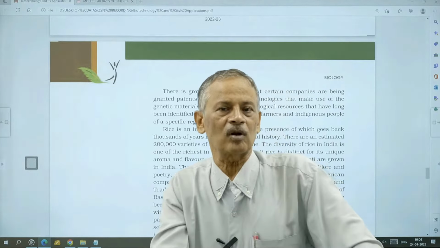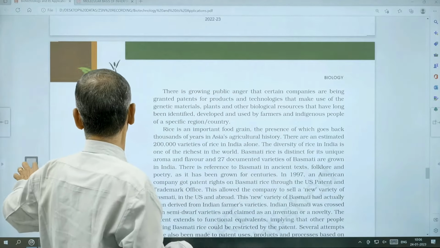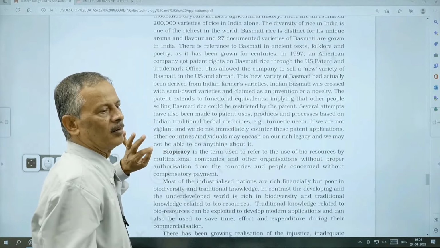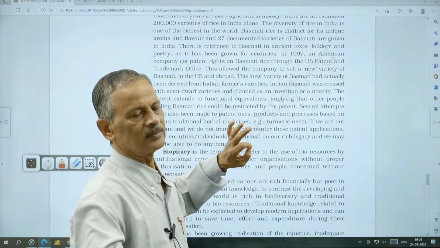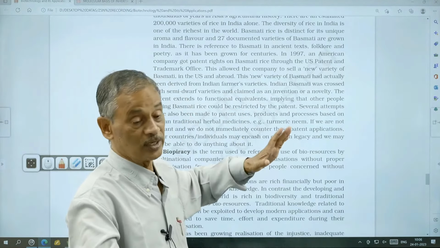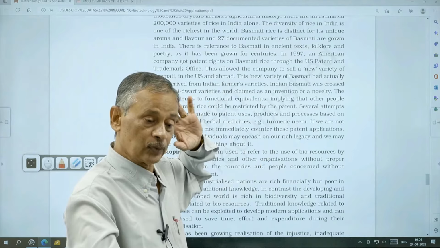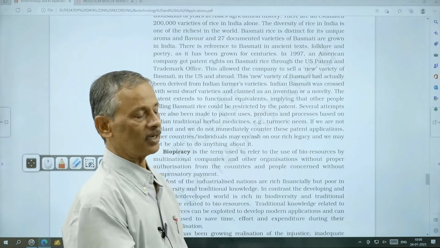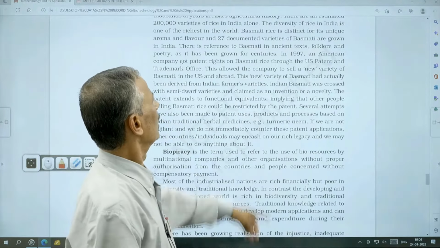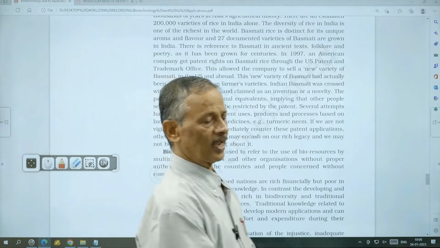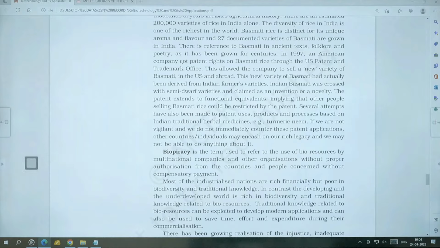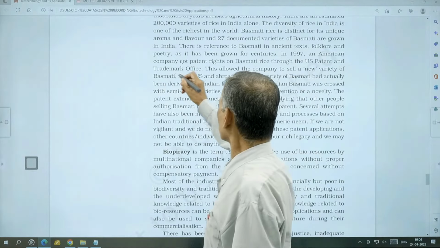A classical example of biopiracy is basmati rice. Basmati rice has been grown in India and neighboring countries for centuries, and we have a lot of old documents related to it. But a company in Texas in 1997 claimed that they had invented a new variety of basmati rice and got a patent from the US Patent and Trademark Office, PTO.